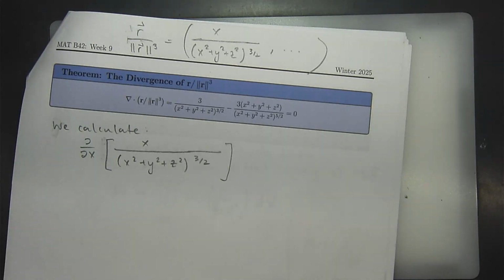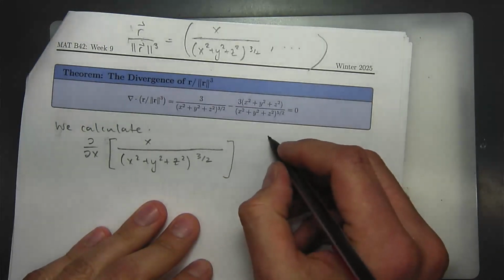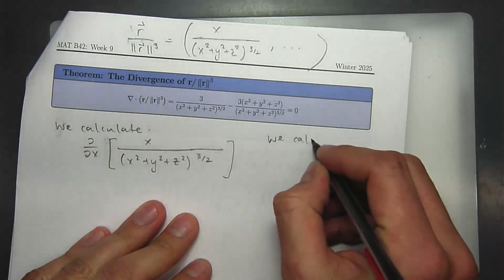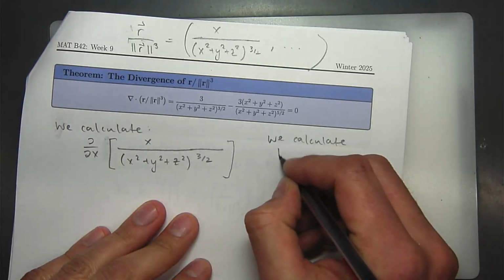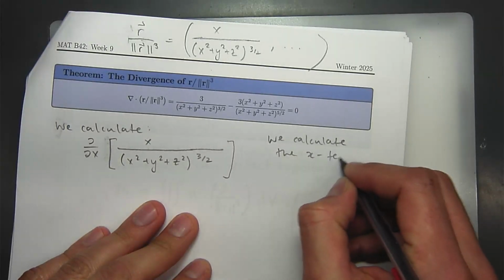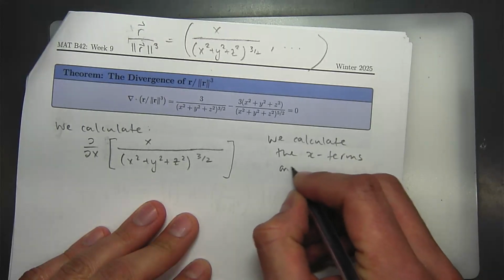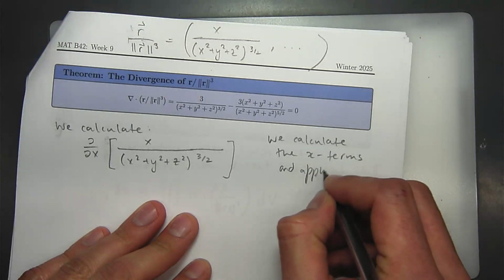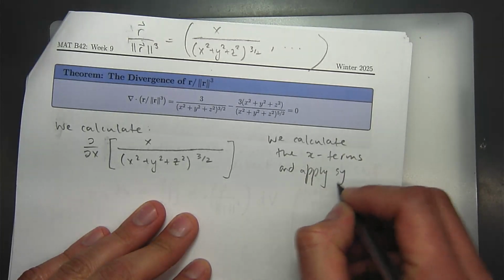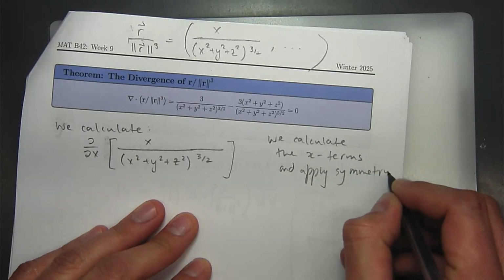Everything else is very symmetric, so once we have that one, we'll basically have all of them. Okay, so what do we get?